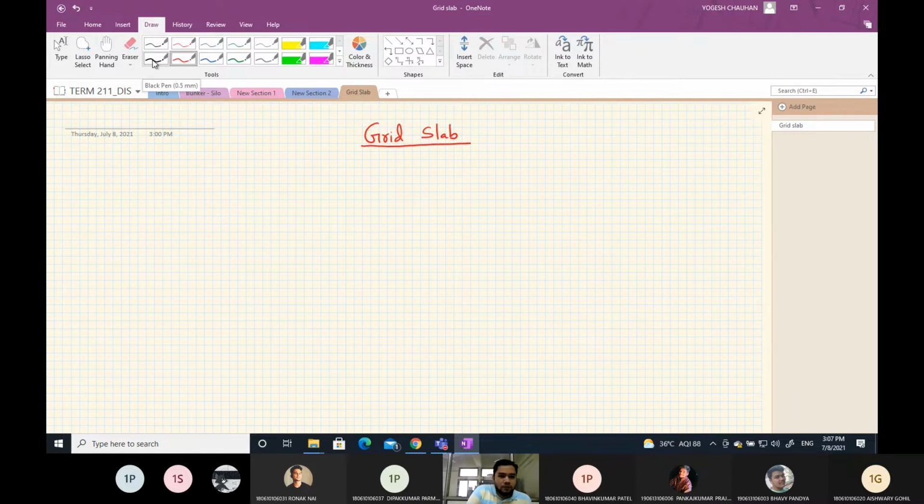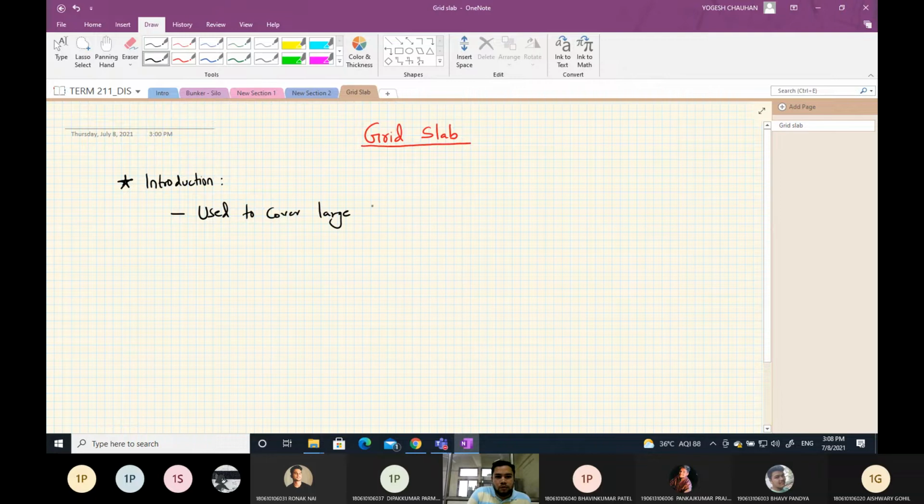So, first we'll cover the introduction. The grid slabs, or sometimes they are also called coffered floors or coffered slabs, are used to cover large floor area, large column free floor.